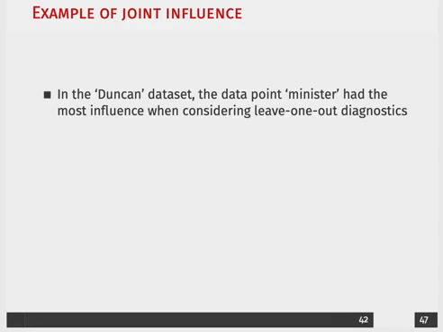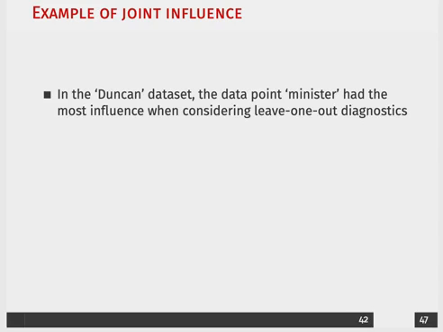As an example, we're going to go back to using the Duncan dataset, where we're interested in the level of perceived prestige of occupations from an opinion survey in the 1950s. What we're interested in here is seeing whether or not minister was influential, because that's something we found to be influential in impacting our coefficients.